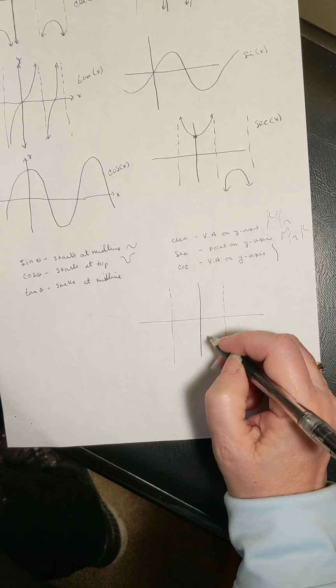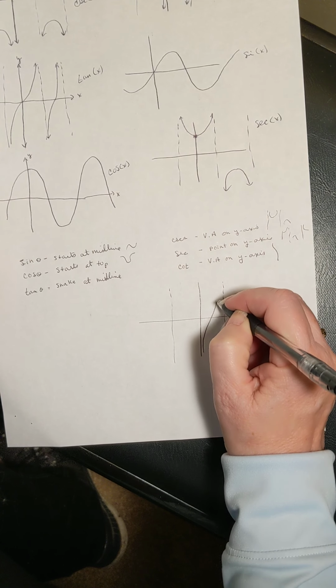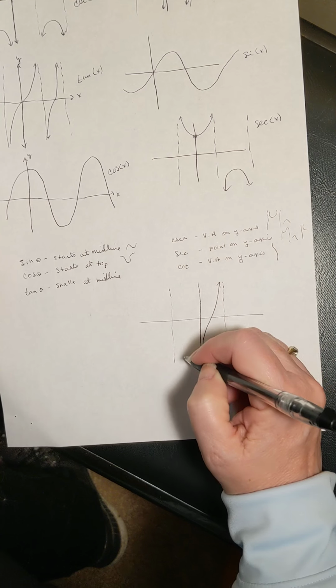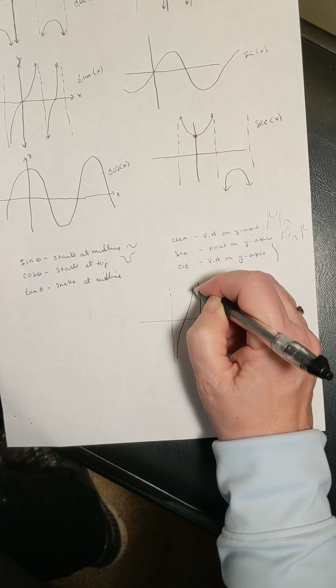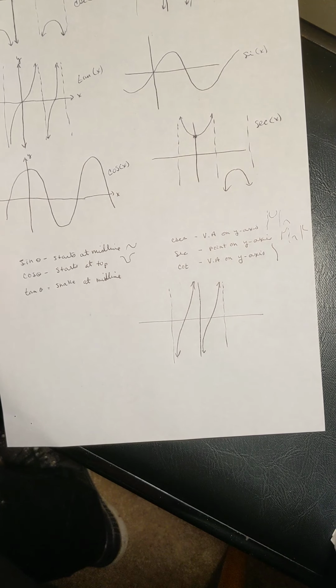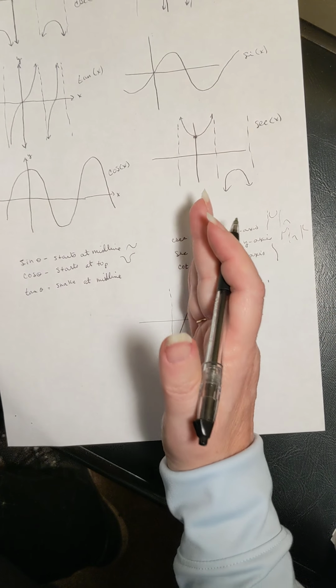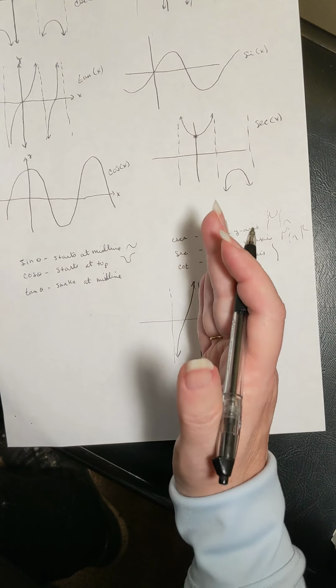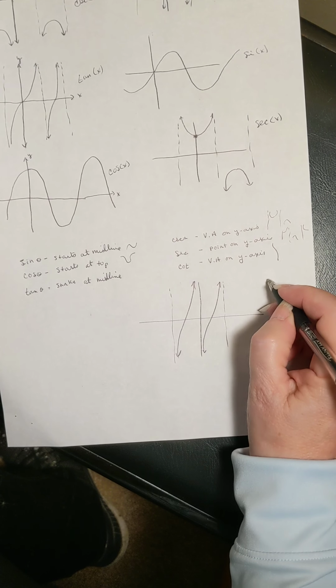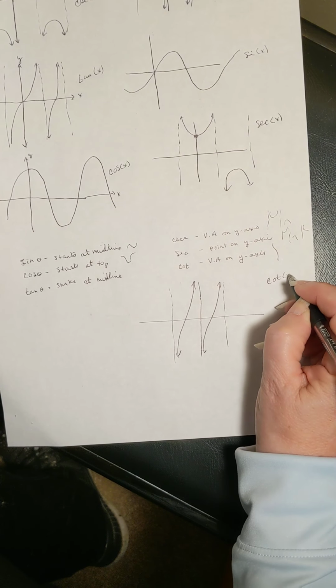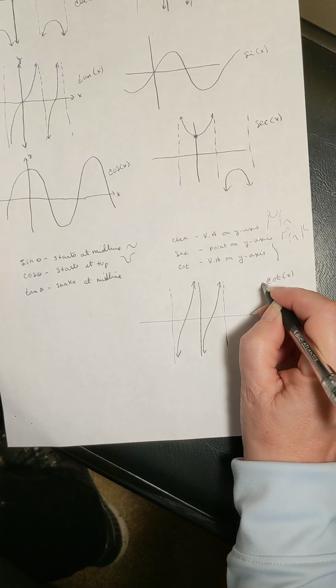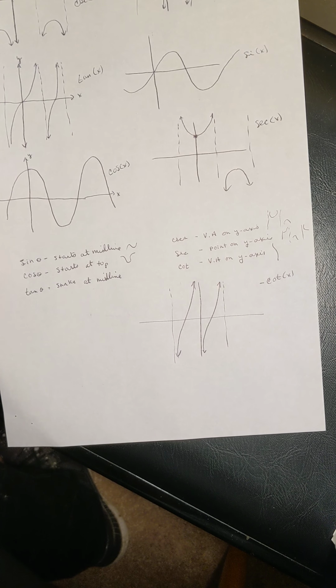So if they give you this, this is a cotangent of x, because see, the vertical asymptote is the y-axis. So this is the cotangent of x, but it's an increasing function because there's a negative in front of it.